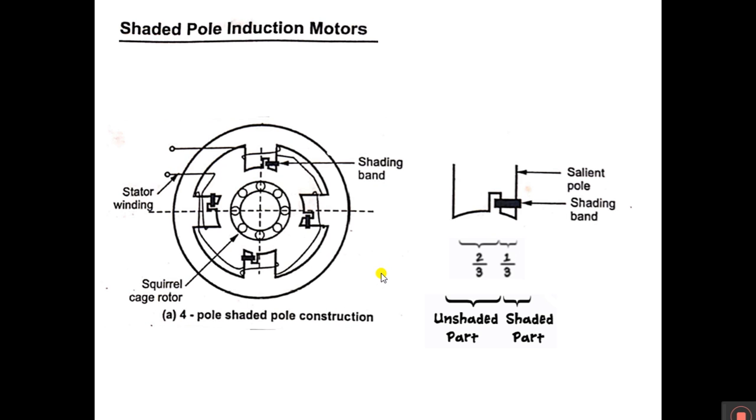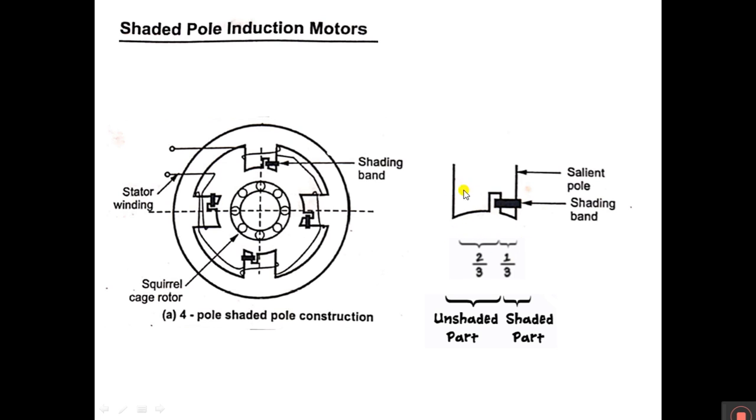Next important topic is the shaded pole induction motor. Here in each pole, 1/3 of the portion is split and a shading band called a copper band is connected. 2/3 of the pole space is the unshaded part.